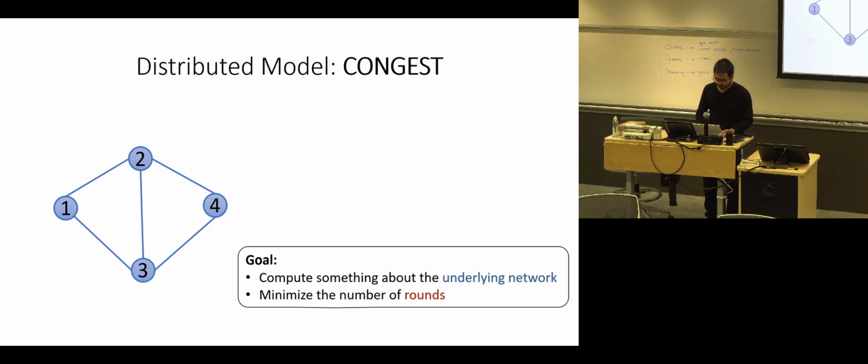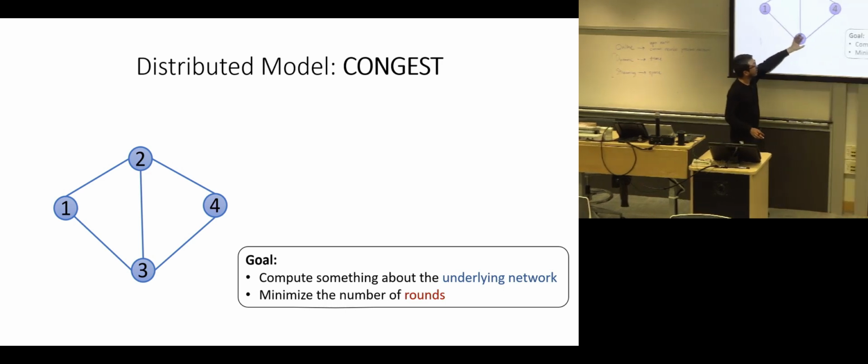Okay, let me quickly talk about distributed algorithms. I'm not sure you have heard about this at all, but I'll let you know a bit. There is the distributed model of computation called the CONGEST model, or CONGEST setting, where imagine that you have a graph of a network.